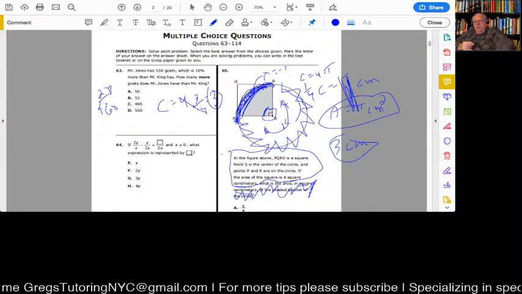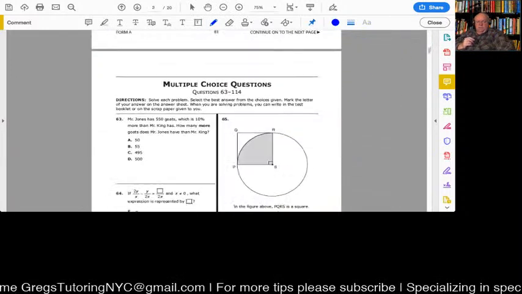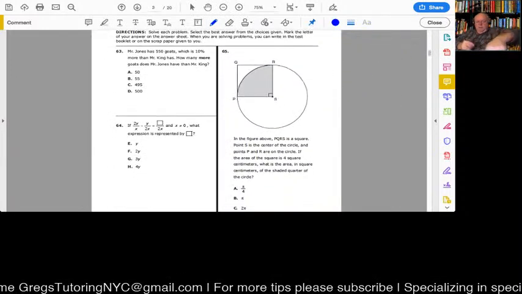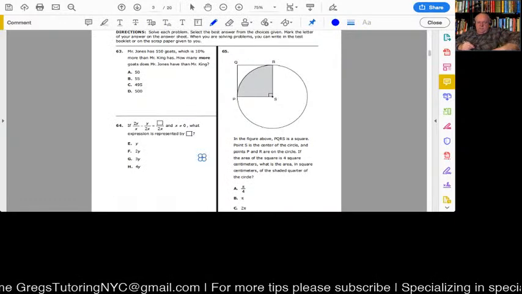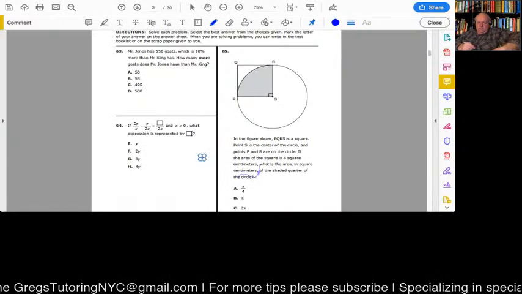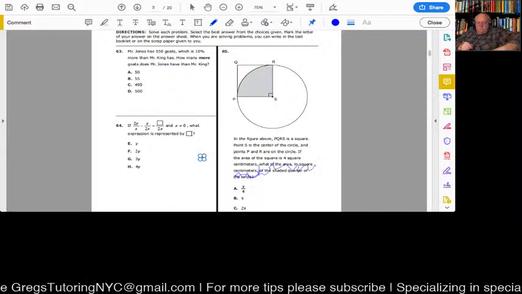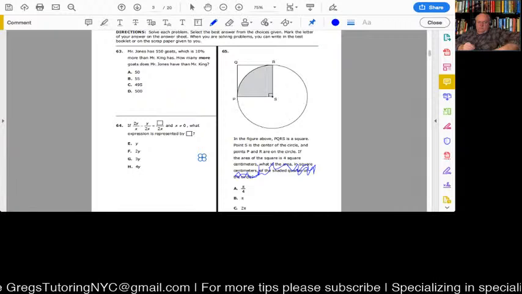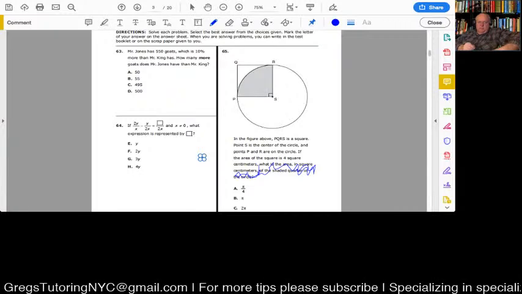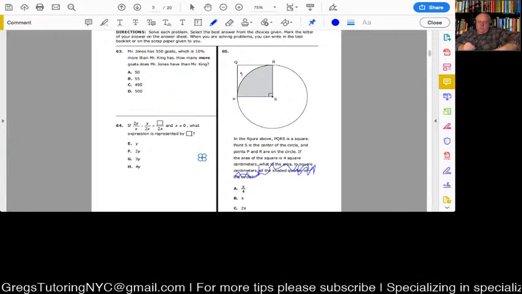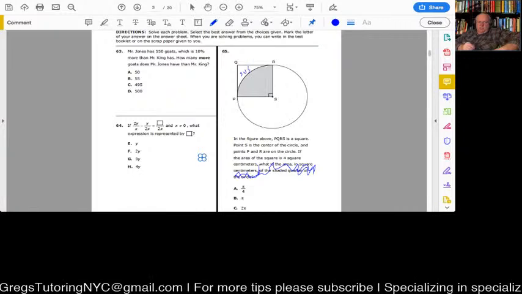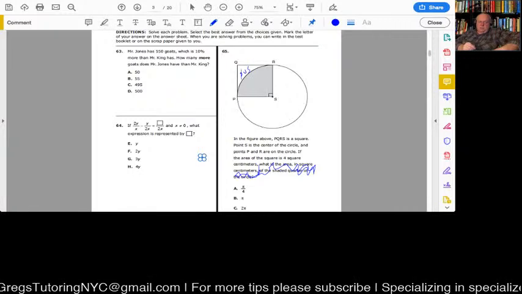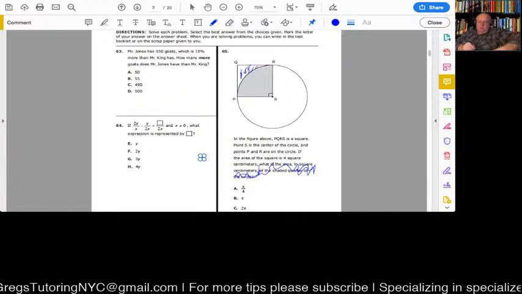So here's a good one. If the question stays the same and we remove this, what is this here? Let me call this square unshaded. So this thing right in there. How big is that?